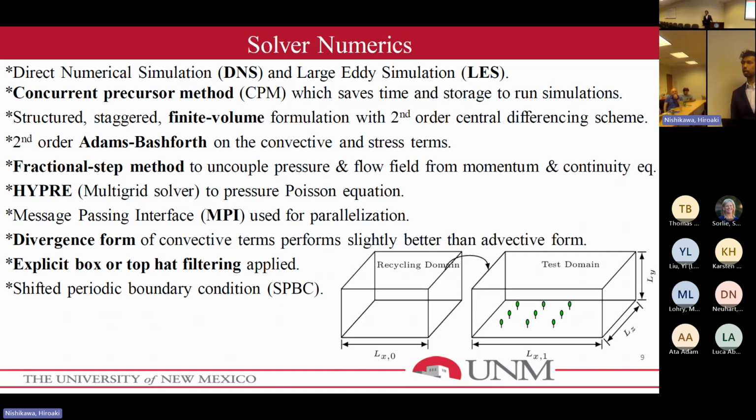It's kind of like a marker-and-cell, but staggered. So basically different equations are defined in different places on the Cartesian grid: some in the middle of the cell, some at the nodes, some maybe at the edges. So we do linear interpolations to get those into the specific locations.